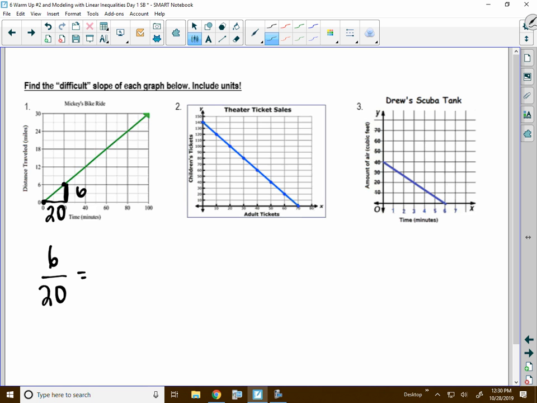Now that we have that, let's put it in context. 6 what? My rise is 6 miles, over 20 minutes. So this is Mickey's bike ride. So you could say Mickey is traveling 6 miles every 20 minutes.